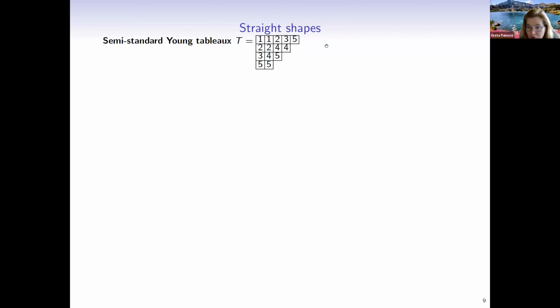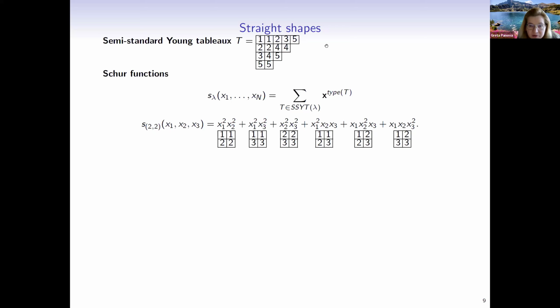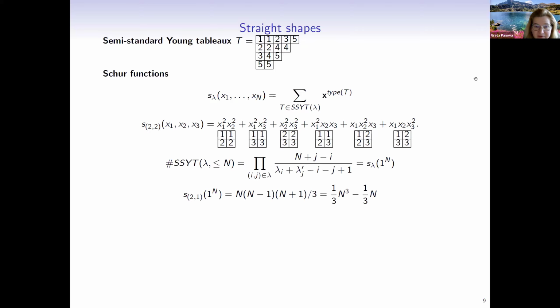For those we can enumerate. They come from Schur functions. For us, it's not important what the Schur function is, but it's basically a multivariate generating function for these shapes. And there's a lot of theory behind this.